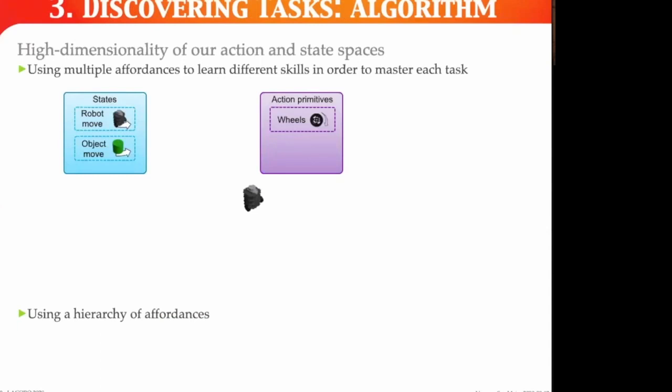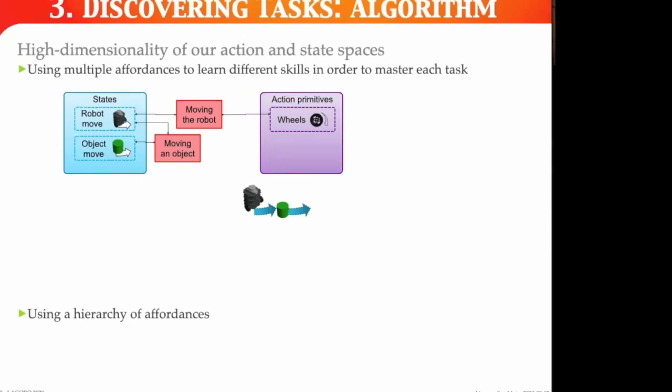To learn this, it can observe its own position and the position of objects. And it tries to relate to its own actions, which are the action primitives of the wheels. So first, it can learn that the wheels relate to its own position. So it creates a first model, which is moving the robot. And when it comes across an object, it can see that it can move the object, and that the position of the object is actually related to the position of the robot.